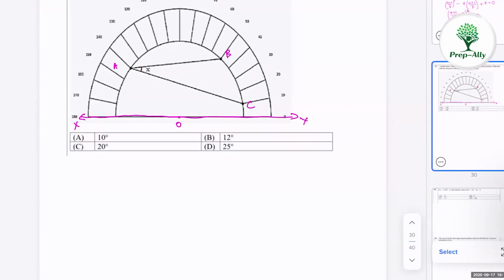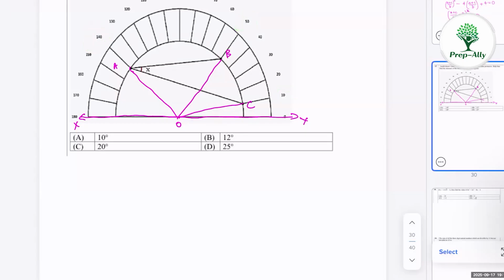Now let's draw the radii OA, OB, and OC. Now we know that this angle YOC is 10 degrees, this angle YOB is 50 degrees, and this angle YOA is 140 degrees.